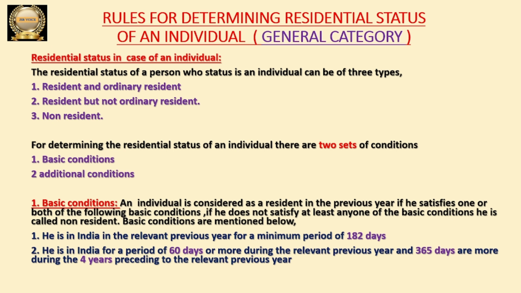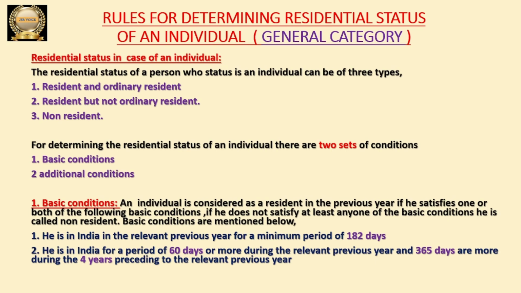Now we have to discuss what the basic conditions are. I already said two conditions. Let us discuss what those two conditions are. First one is that he is in India in the relevant previous year. You may get a doubt, what is previous year? Previous year means the year which is preceding the relevant assessment year.